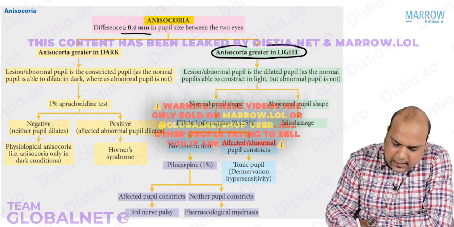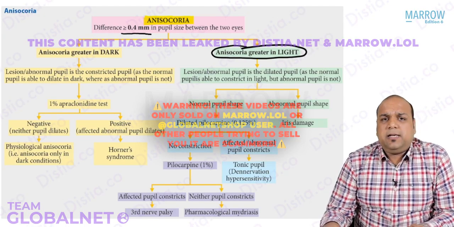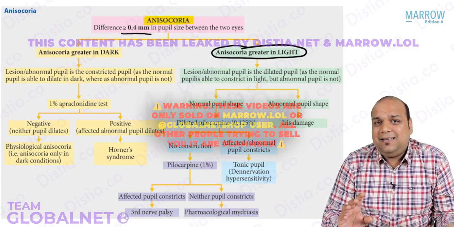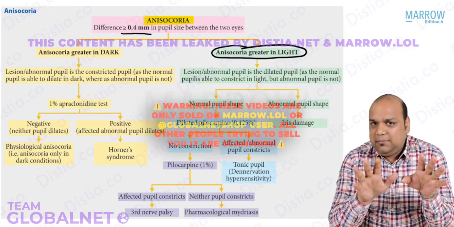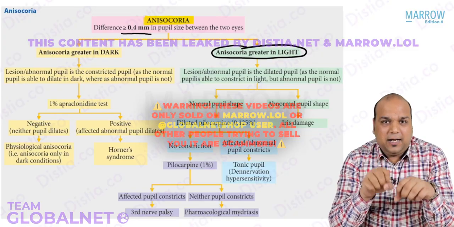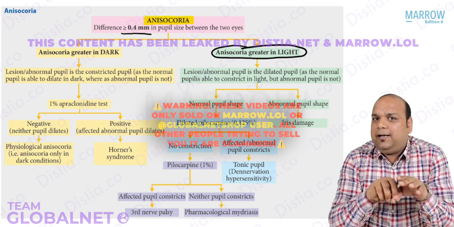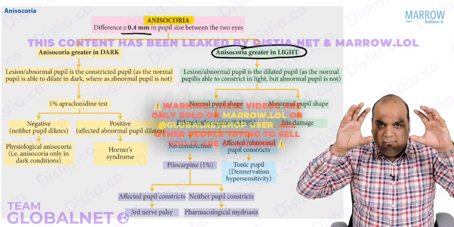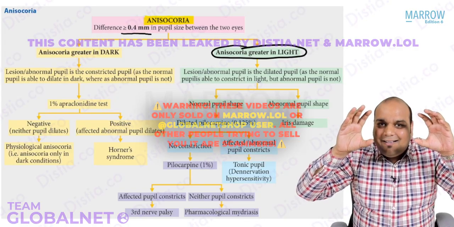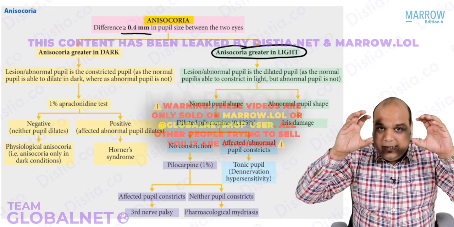Anisocoria greater in light. What are we trying to say? We are trying to say that the pupil size is different when light is thrown. That means when the pupils are in dark, listen carefully, both the pupils are able to dilate. That means in dark, there is no anisocoria, both pupils are able to dilate.